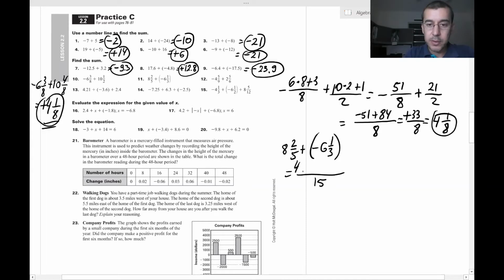So 42 times 3, because from 5 to get to 15 we multiplied 5 by 3, so we have to multiply the numerator by 3 as well. And then here we have 6 times 3 is 18 plus 1 is 19, but from 3 we got 15, so we multiplied 3 by 5 to get 15, so we have to multiply 19 by 5 as well.